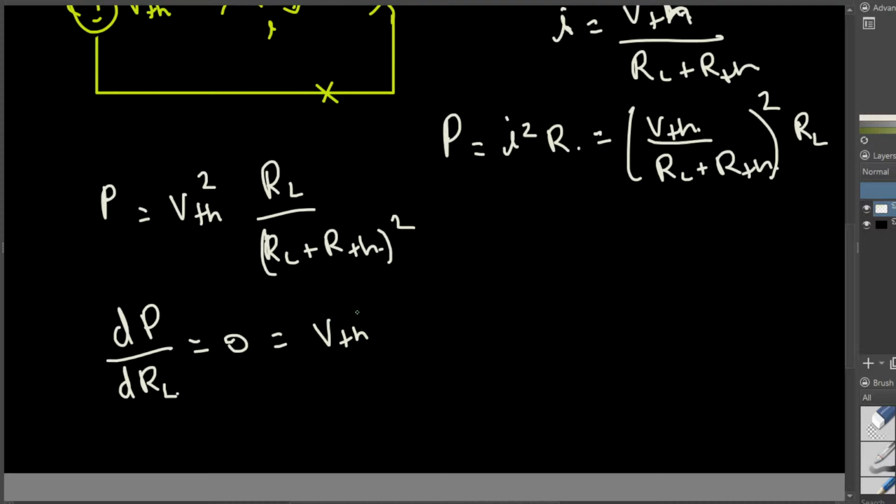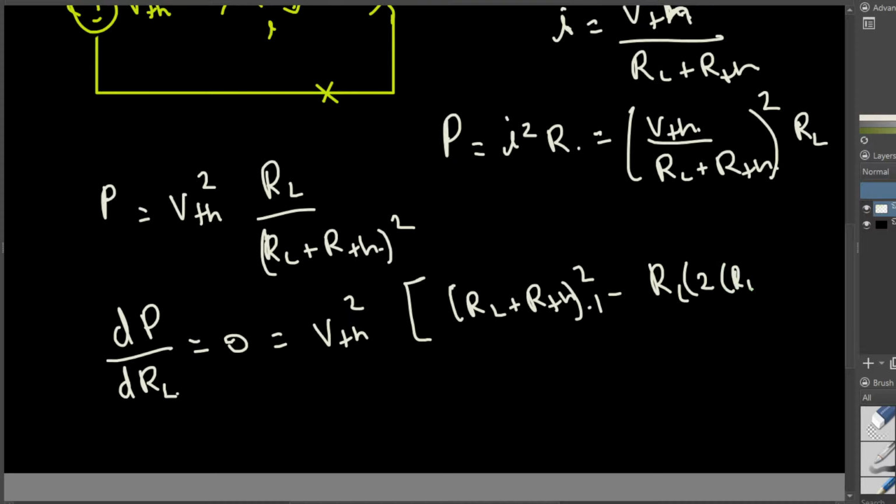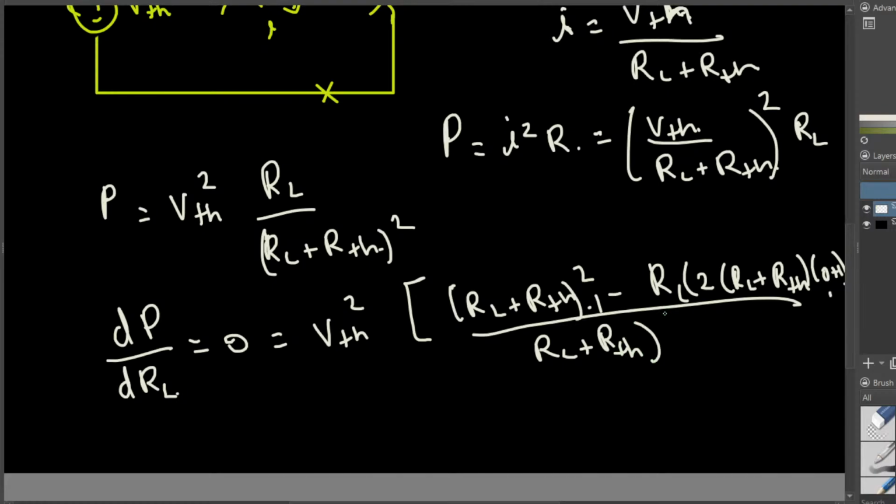Therefore, the derivative is V Thevenin squared, times (RL plus R Thevenin) squared, minus RL times 2 times (RL plus R Thevenin) times (0 plus 1), all divided by (RL plus R Thevenin) to the power 4. Okay, now let's simplify this further.